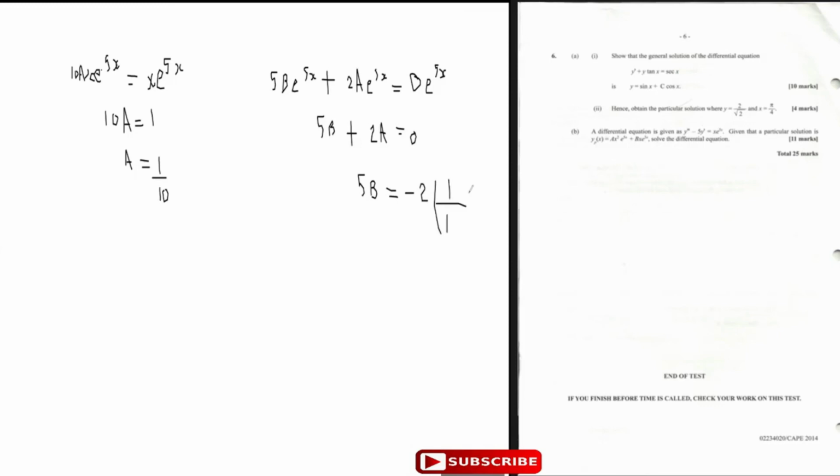And then we can divide through by 5, and so b is going to be equal to, minus 2 cancels to become 1, canceling that to become 5. Doing division, this works out to be 1 over 5 times 5 is 25. So a is 1 over 10 and b is minus 1 over 25.